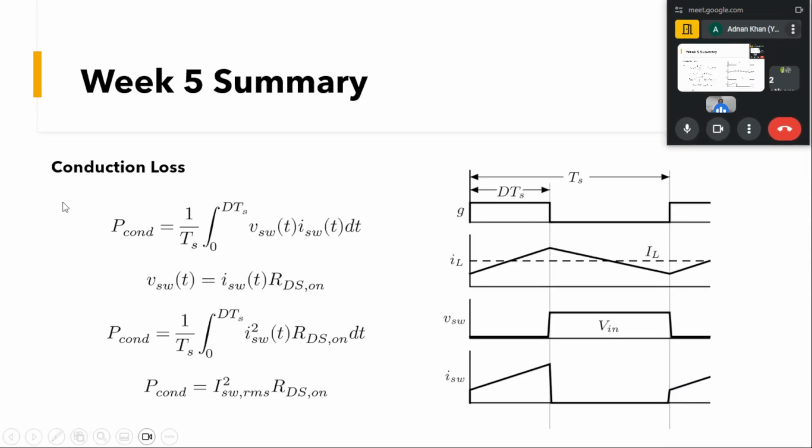So if you can see here, the conduction, as I told earlier. Someone has written something.